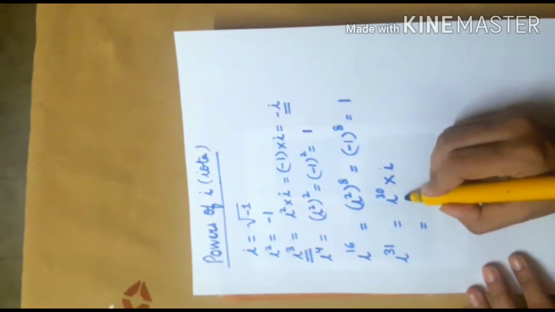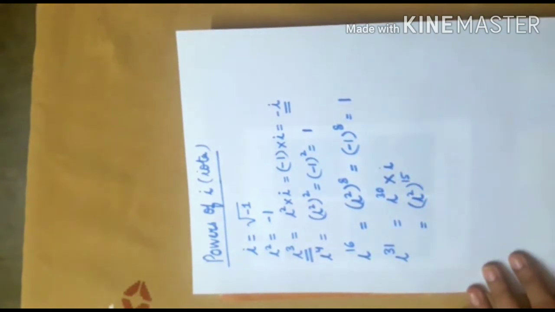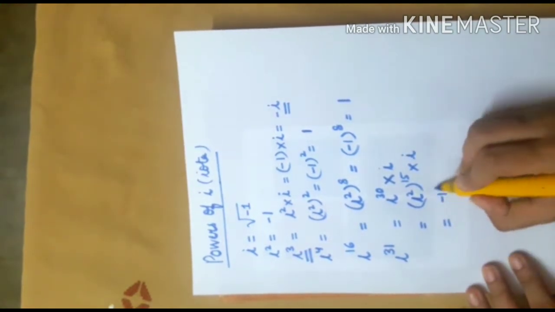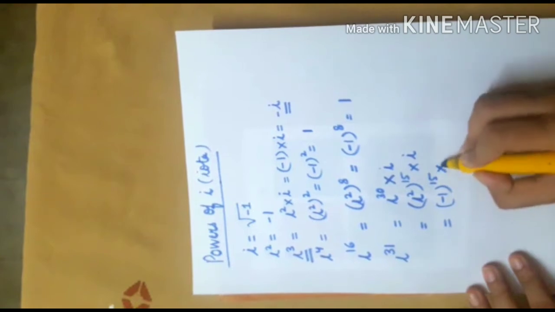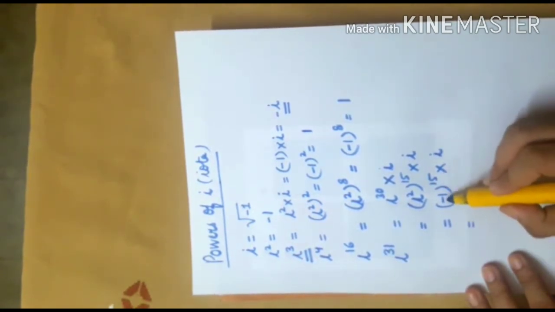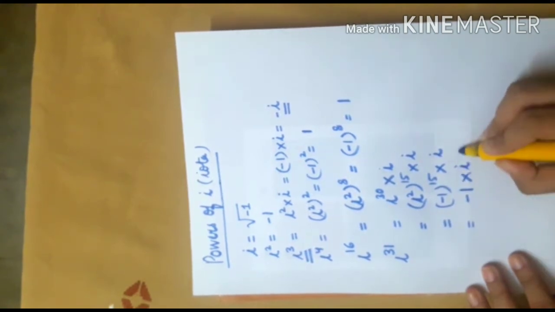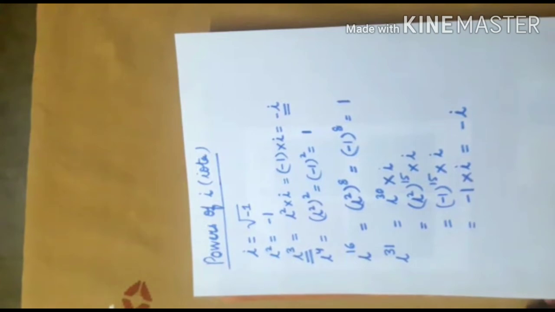So I can write this as iota square whole raised to the power 15 into iota. So it is minus 1 raised to the power 15 into iota. As 15 is odd, minus 1 raised to the power 15 will be minus 1, into iota will give you minus iota.